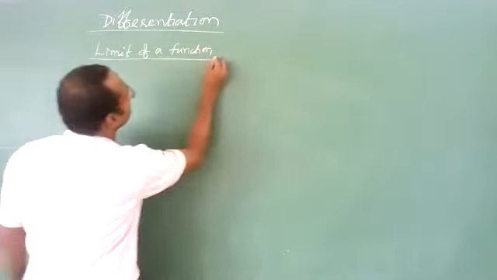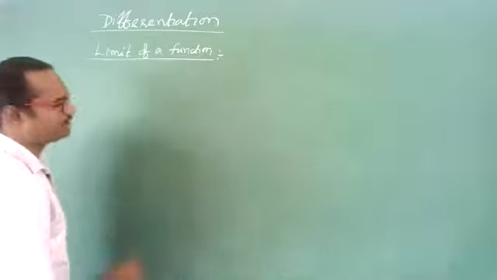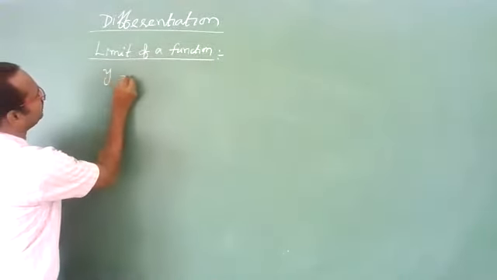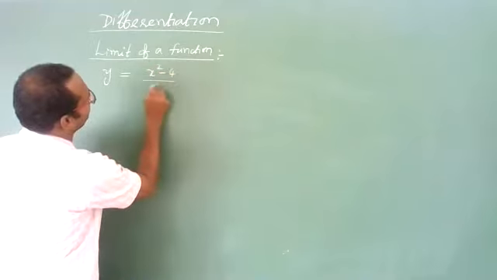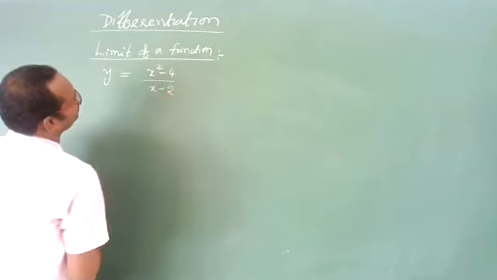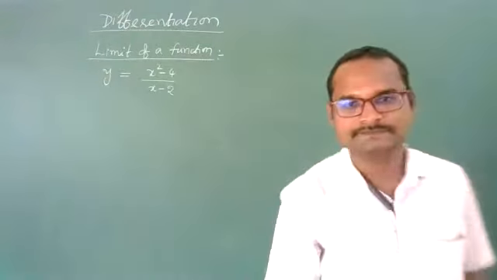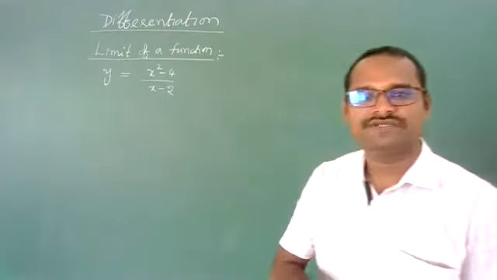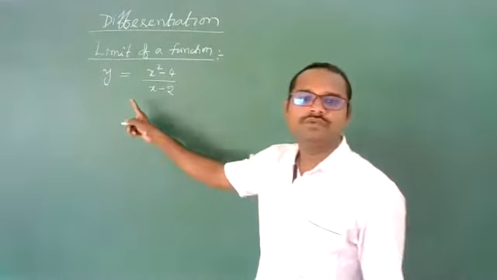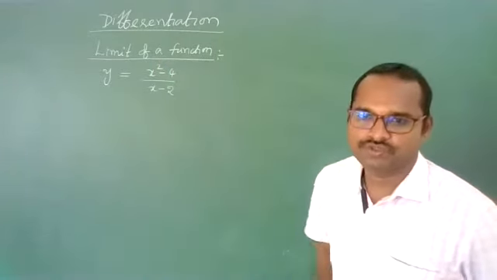Understand clearly, students. Let us suppose we have a function y which is given as x square minus 4 divided by x minus 2. It is a function. Let us suppose I have given this function: y is equal to x square minus 4 divided by x minus 2.